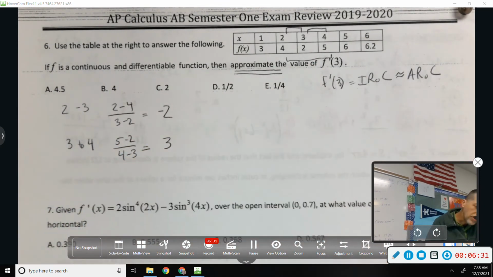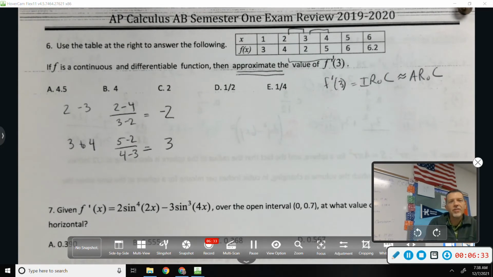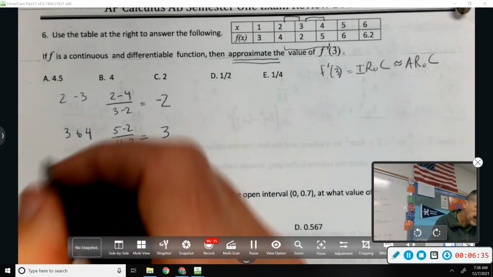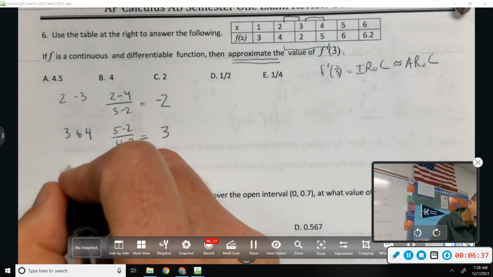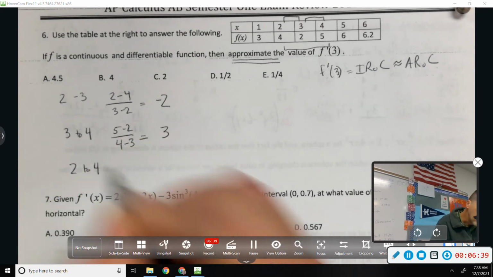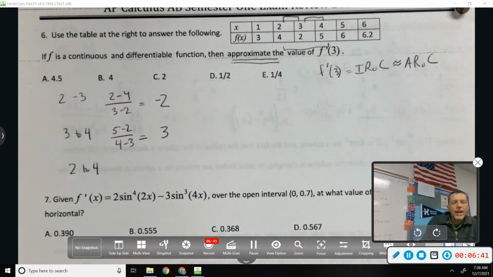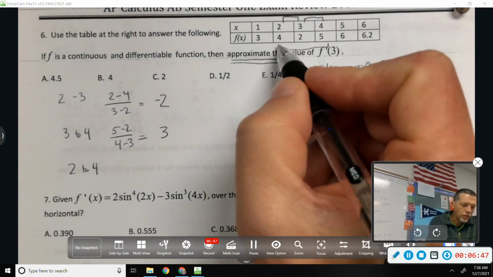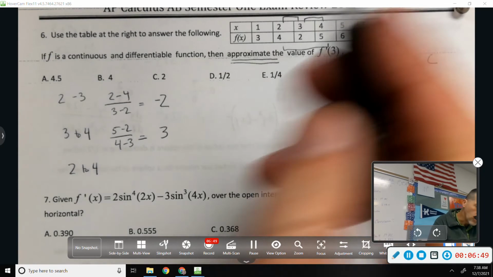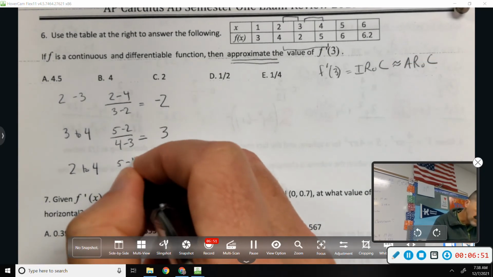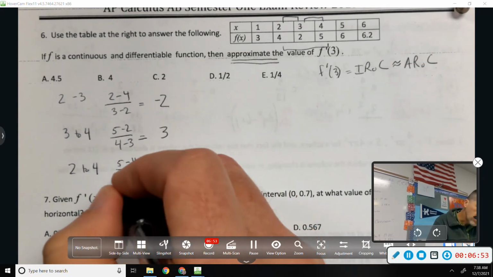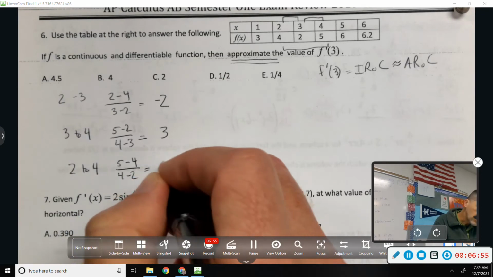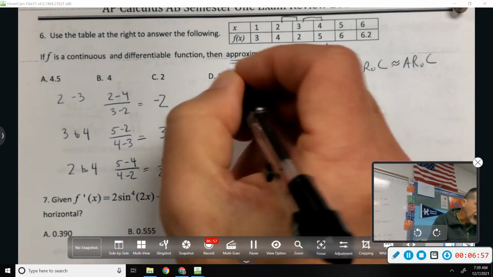That would be 3. Also not an answer choice. So I guess we'll try 2 to 4. There's just no way to know which one is the best estimate. The left side, 2 to 3, the right side, 3 to 4, or sort of this whole thing, 2 to 4. 5 minus 4 over 4 minus 2 would be 1/2, and that is a choice.